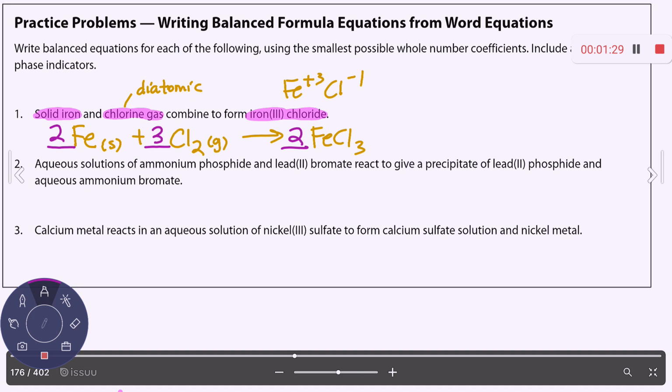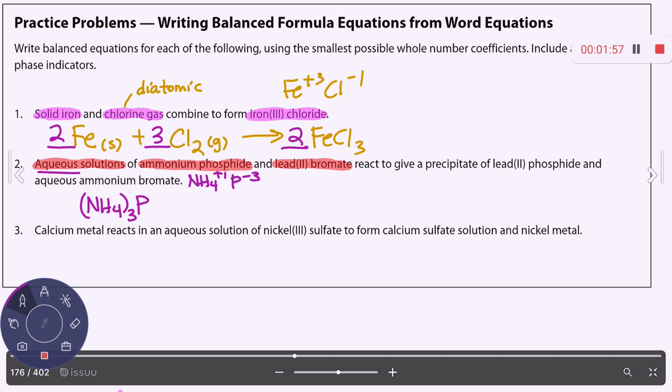For number 2, it says we've got aqueous solutions of ammonium phosphide and lead 2 bromate. Okay, so ammonium is NH4 plus 1. It's on the bottom left of your periodic table. Phosphide is P minus 3. So that means I need 3 of these ammonium ions. Since it's a polyatomic ion, it would go in parentheses.